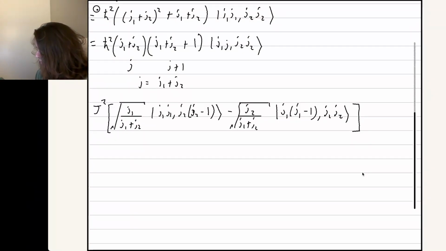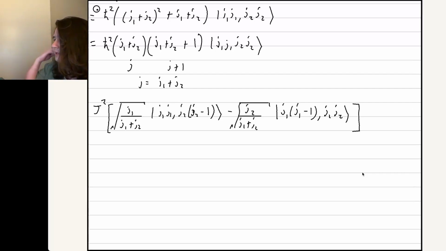So I said that we were going to expand it out again, so that's what we're going to do. Looking at the first term, I'm going to go ahead and factor out a j1 over j1 plus j2.